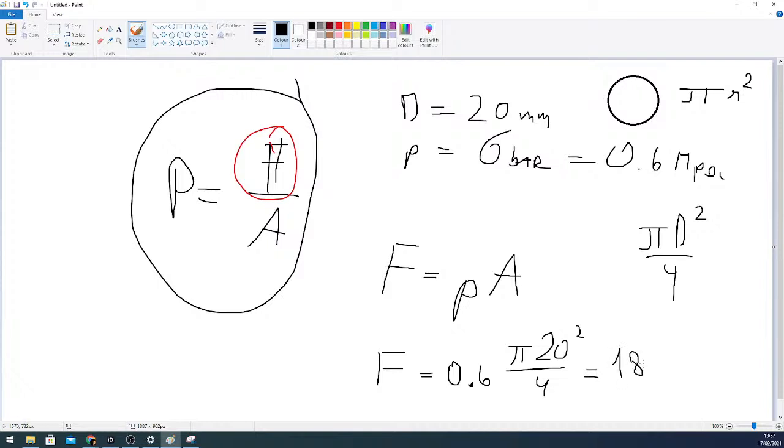Yeah, 1884 newtons. That's the theoretical maximum out of this cylinder. So if we translate this to kilograms, it's about 19 kilograms of force.